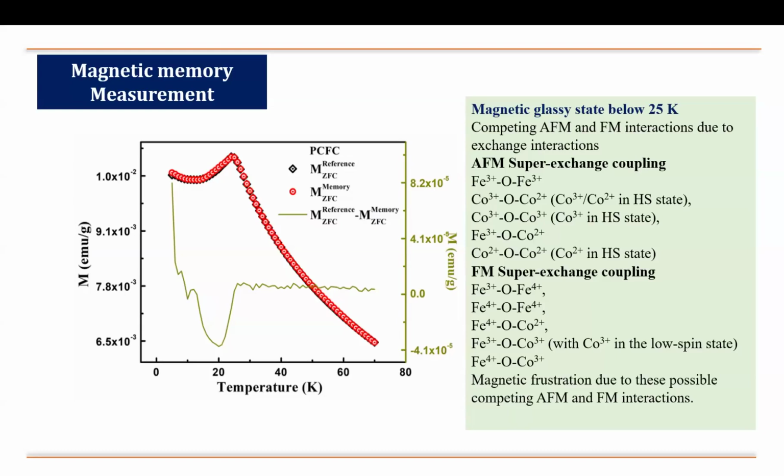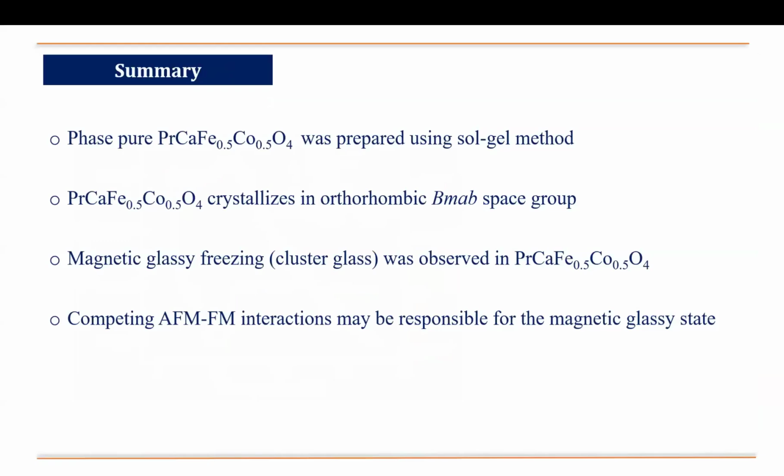These ions can give rise to various ionic pairs having antiferromagnetic or ferromagnetic superexchange interactions, as listed below. So our compound consists of a cluster glass state in which there are AFM as well as FM interactions, and due to this magnetic frustration, the compound undergoes a magnetic glassy freezing.